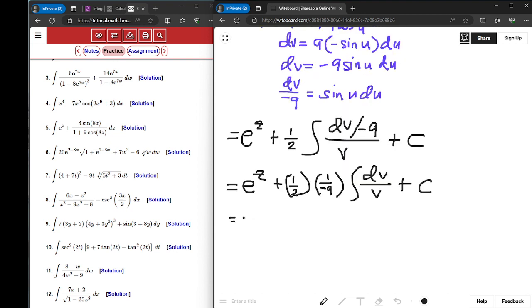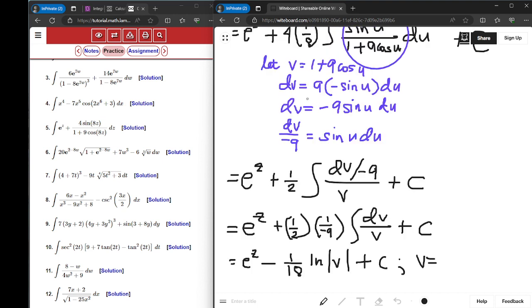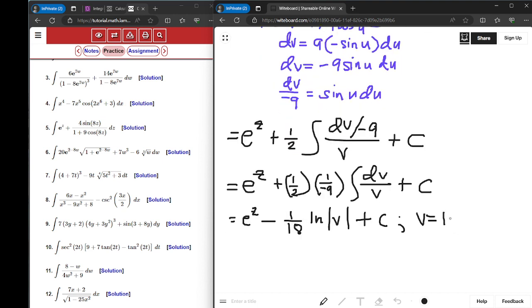And that's e to the z plus, okay, this now becomes negative 1 over 18. What is the integral of dv over v? That's ln of v plus c. But our v is equal to 1 plus 9 cosine of u.